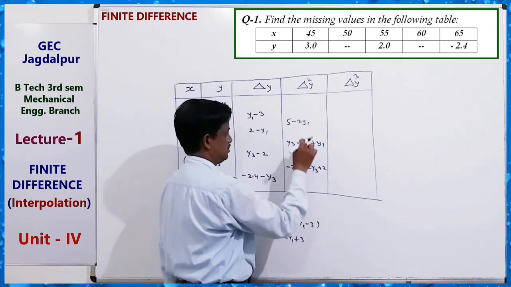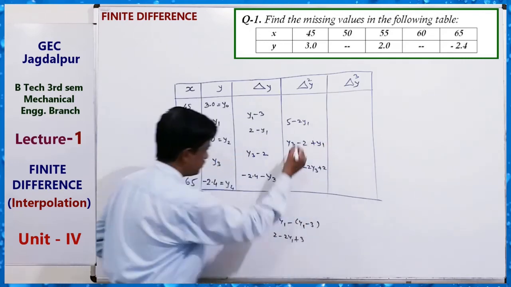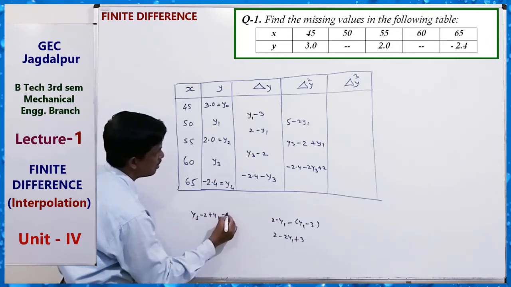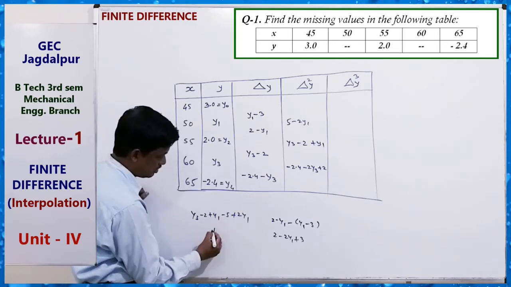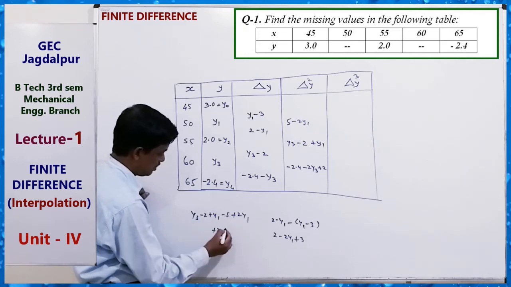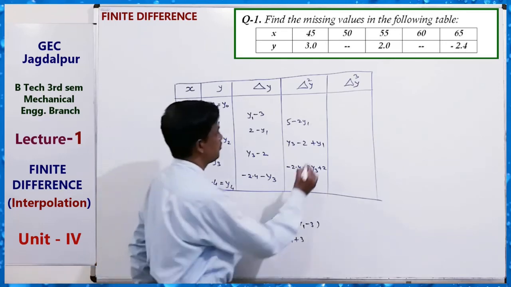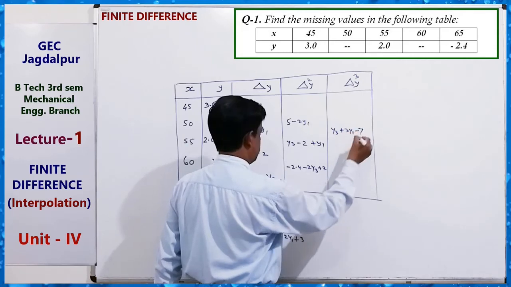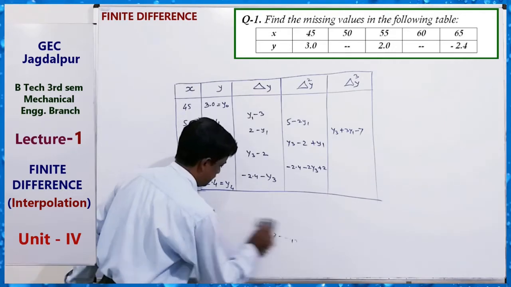So this minus this: y3 minus 2 plus y1 minus 5 plus 2y1. So 2y1 plus y1 is 3y1, and minus 5 minus 2 is minus 7, so y3 plus 3y1 minus 7.